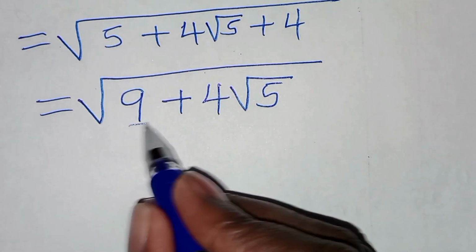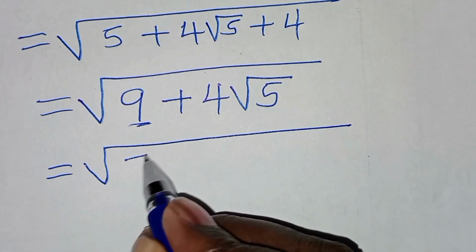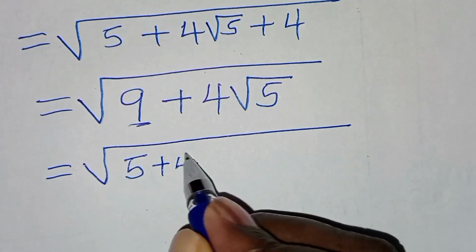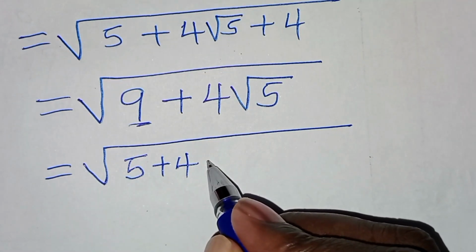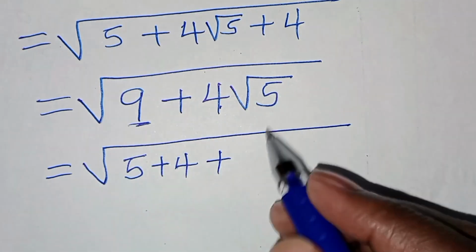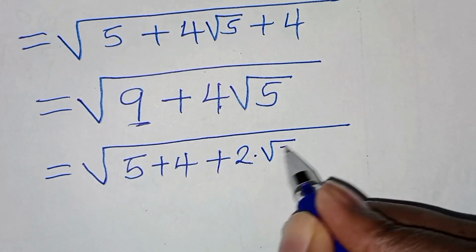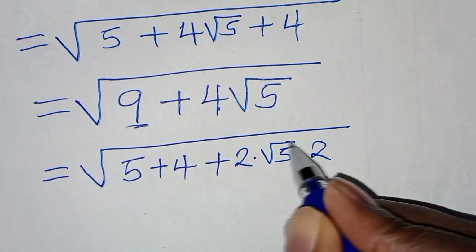We can express 9 as the same thing as 5 plus 4. Then here we have 4 square root of 5, which you can express 4 as 2 times square root of 5 times 2.